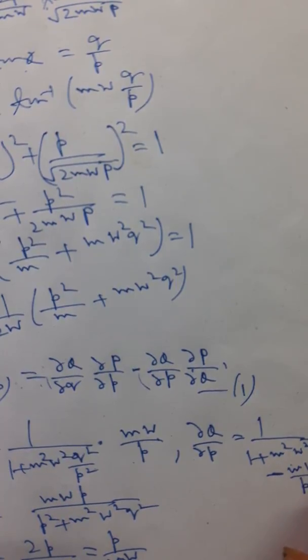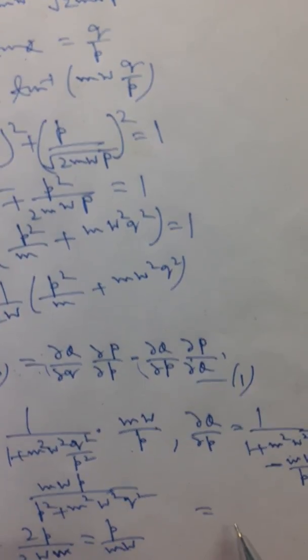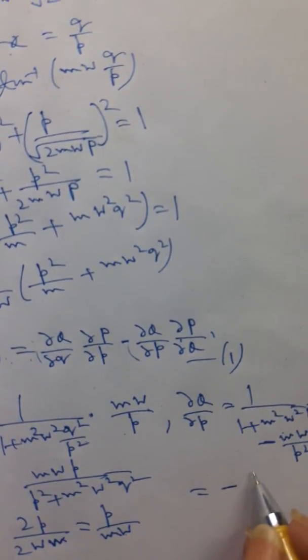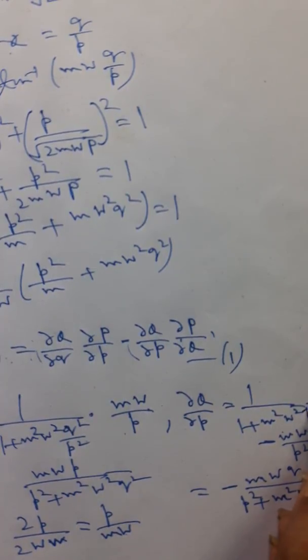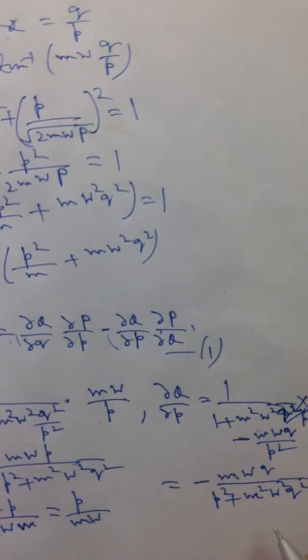Here also another term is p square. So this term will cancel, and finally p square will cancel, we find minus m omega q by p square plus m square omega square. Just a correction, here it will be q square by p square, m omega square q square. We find.